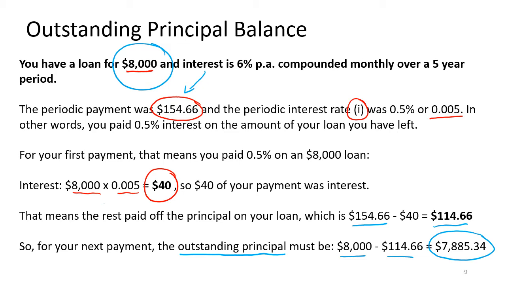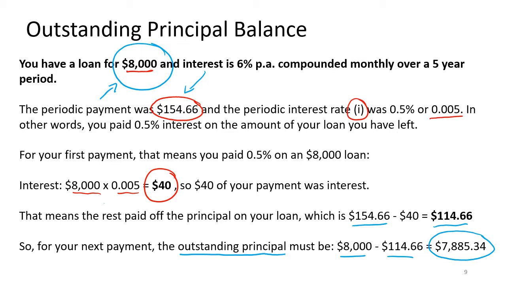So with each payment, you reduce the amount of your principal balance or your loan. And what that means is that as you pay it off, less of your payment, or less of the $154.66, goes towards interest and more starts going towards the actual balance of your loan.